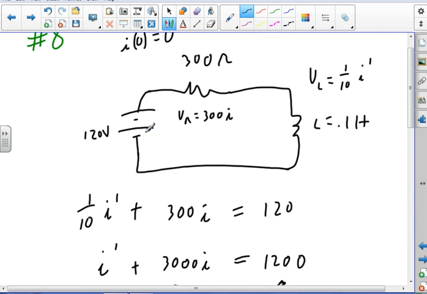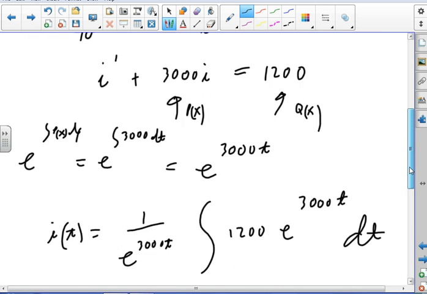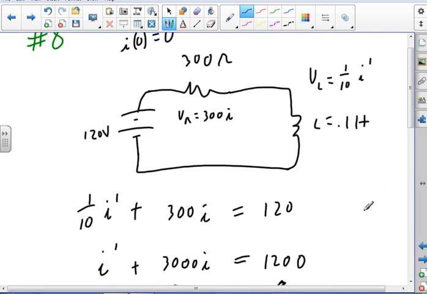I start, my current's going to be nothing because I have a big change in current that's going to stop the voltage as time goes on. Eventually I'm not going to have any change in current, and I'm going to have current flowing continuously. And the continuous current will be 12 over 30.